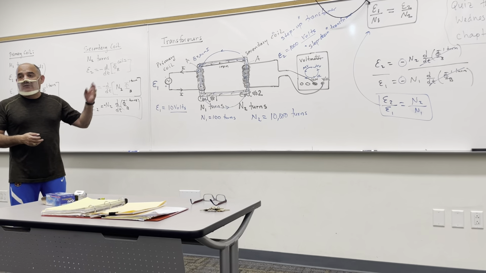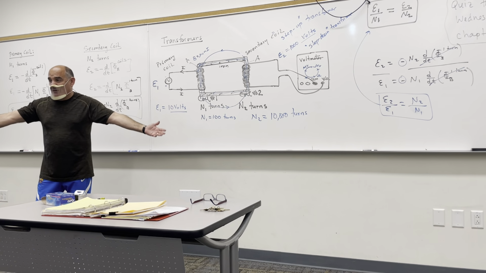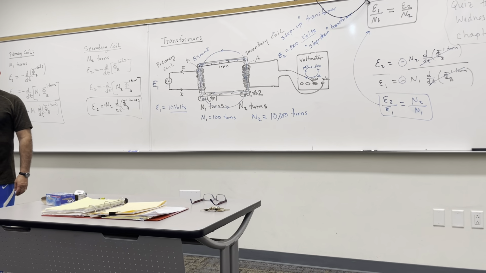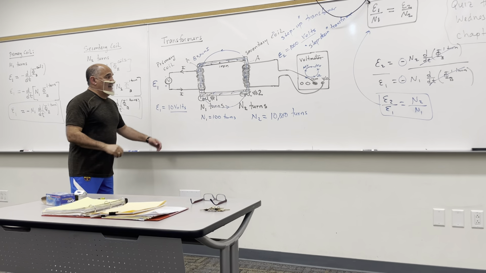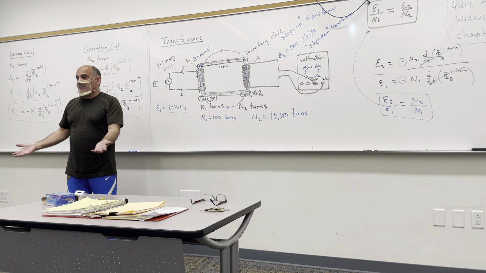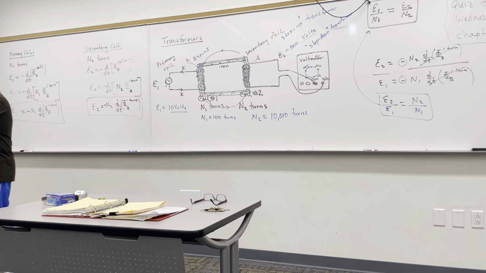Before they send that voltage out to the cities, to be used in buildings and houses, it turns out that less energy is lost in the transportation of that energy from the power plant to the cities if you use high voltages. And so, right next to the electrical power plant, there are big transformers that step up the voltage to 100,000 volts, 150,000 volts. And then it gets sent to the cities.